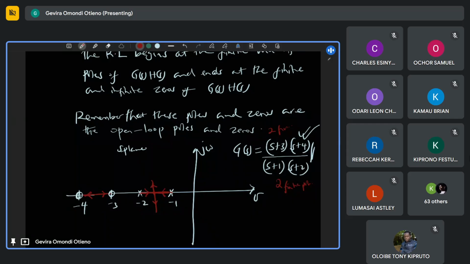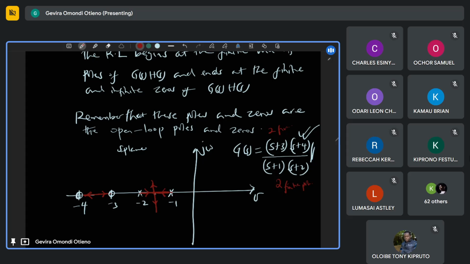But if you plot it in MATLAB, it will use the same color, so you will know where number 2 will go and where number 1 will go. But for us, we'll know that they'll still move toward the imaginary axis, but we don't know which one will go down and which one will go up. Now remember, they are looking for these 2 finite zeros so that they terminate.